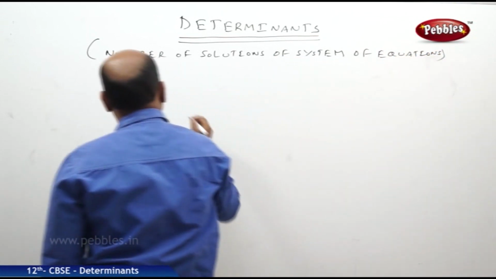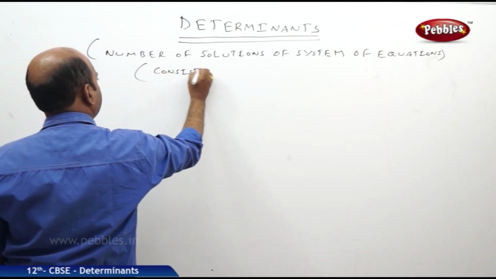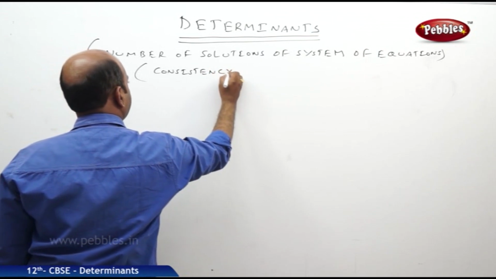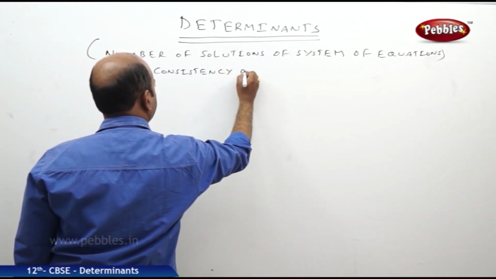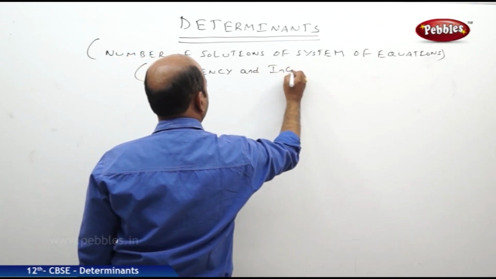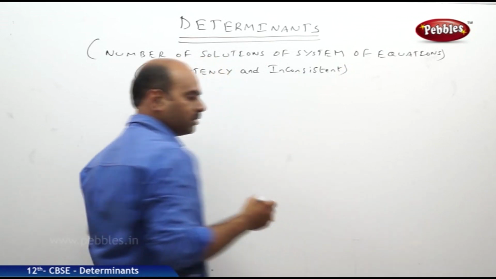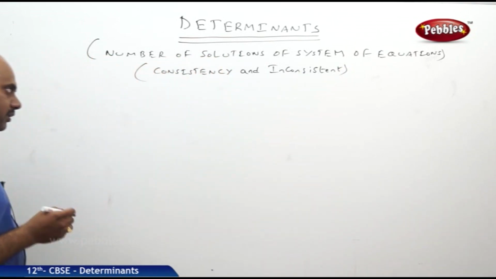Indirectly, this topic we can call consistency and inconsistency. That means we need to tell whether our system of equations is consistent or inconsistent.